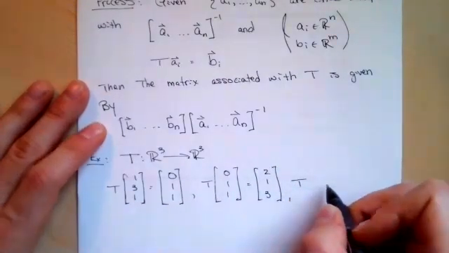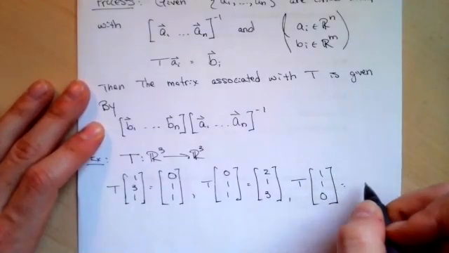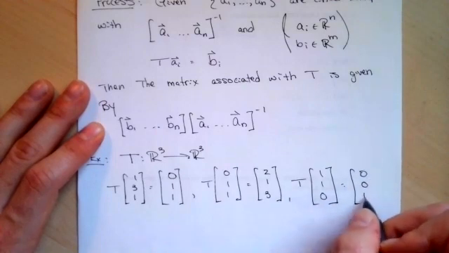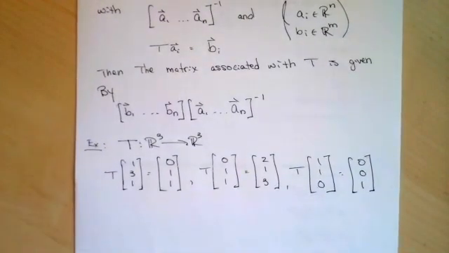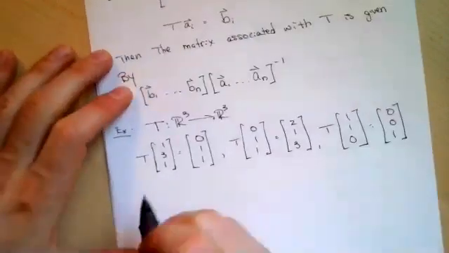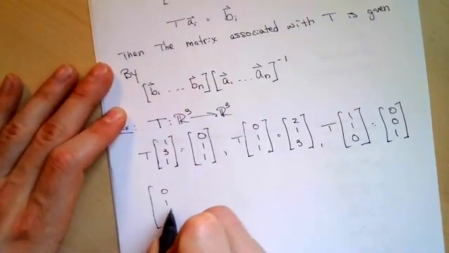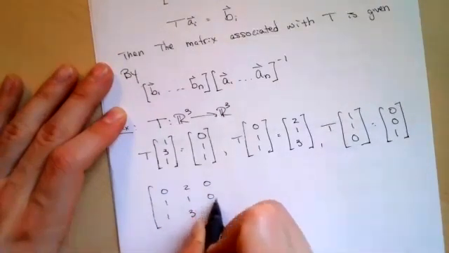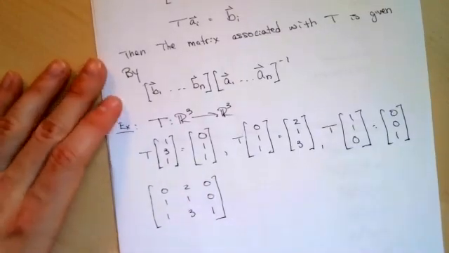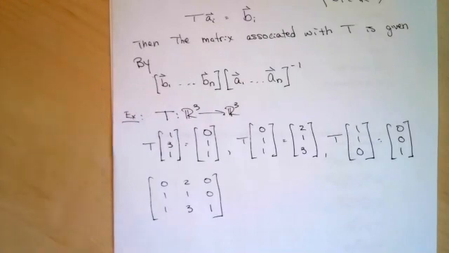And T of 1, 1, 0 is 0, 0, 1. And so if we set this up, we want that to be B, the matrix associated with T.